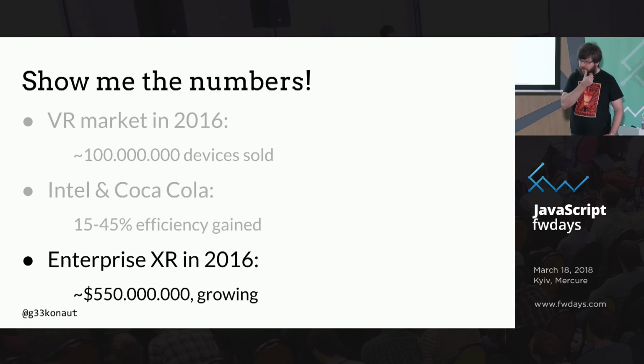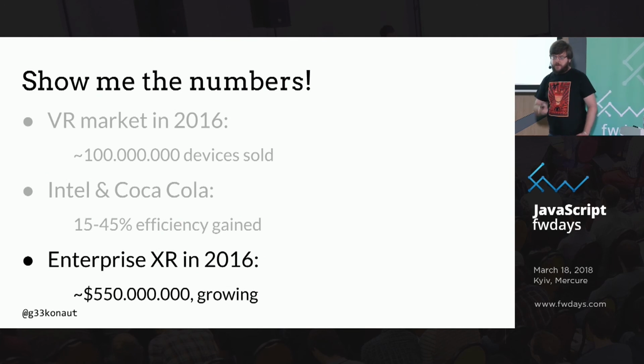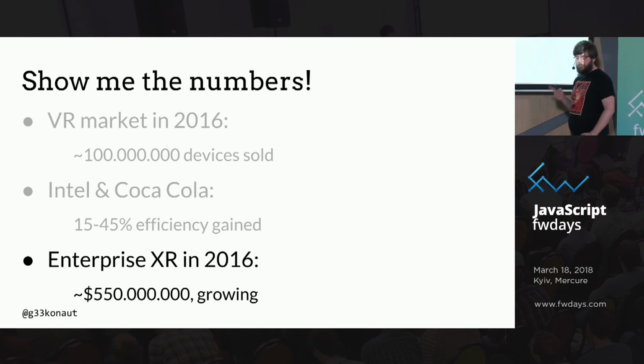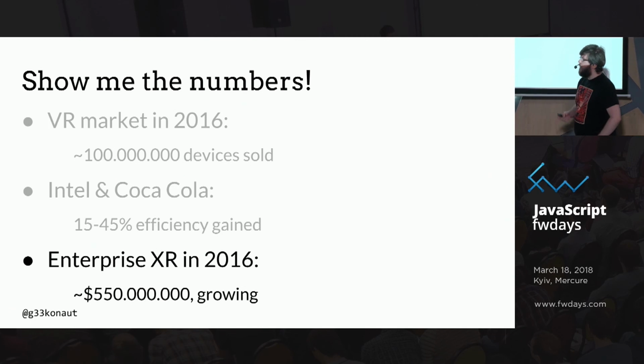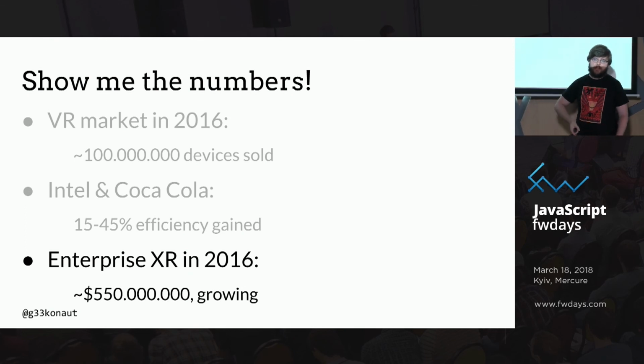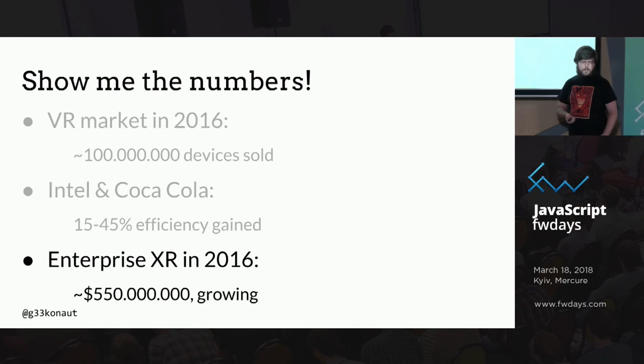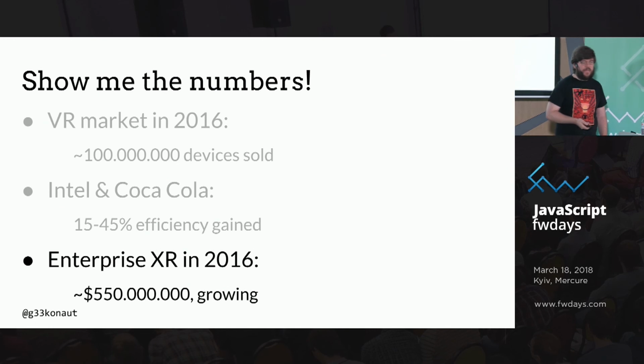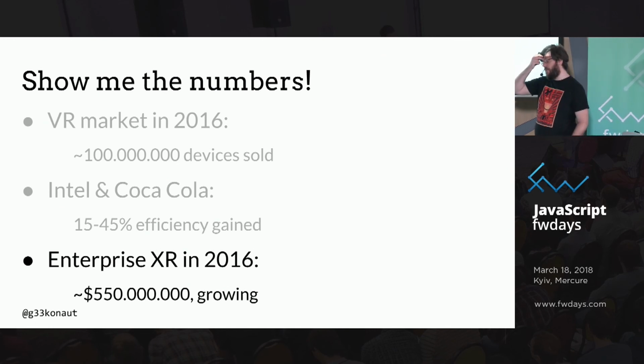And then obviously, all together, in 2016 the market was $550 million. We know that it's a few billion already in 2017, and it's expected to rise to 30-something billion, I think, in 2018, 19, and until 2020.